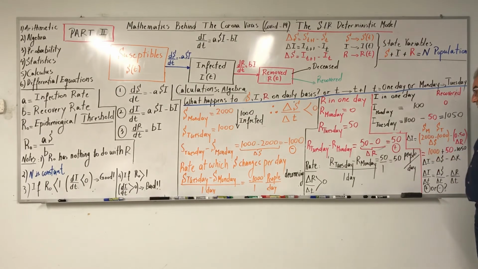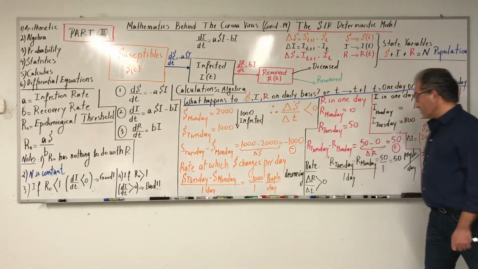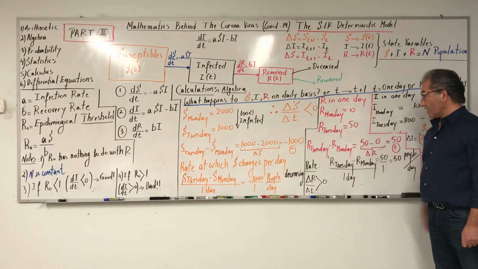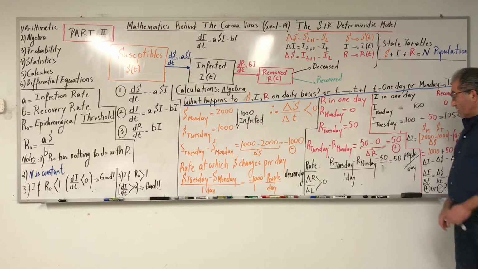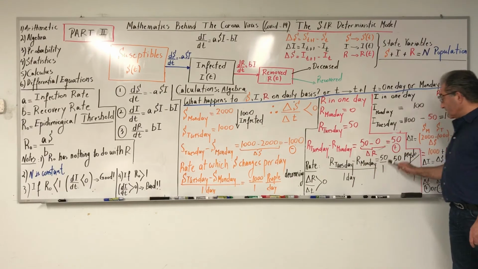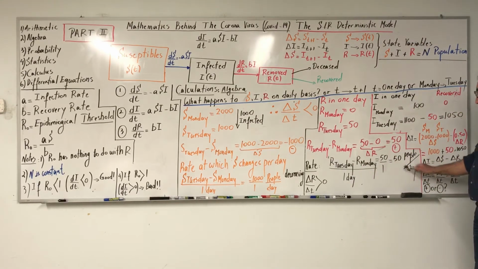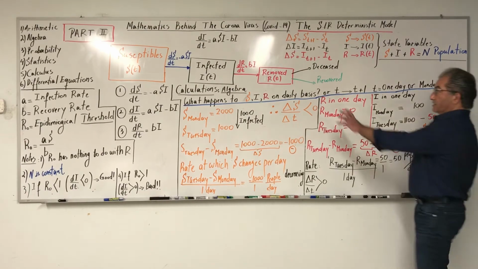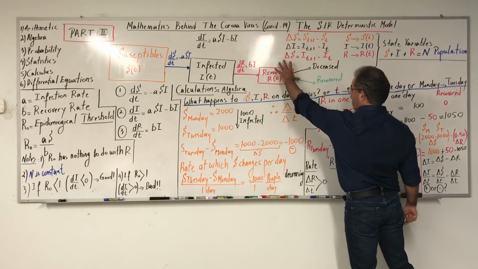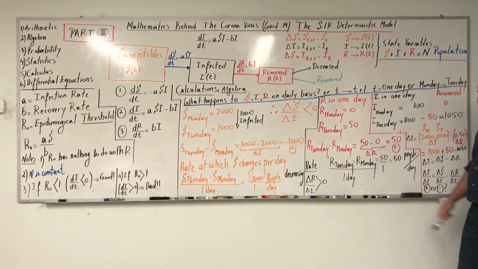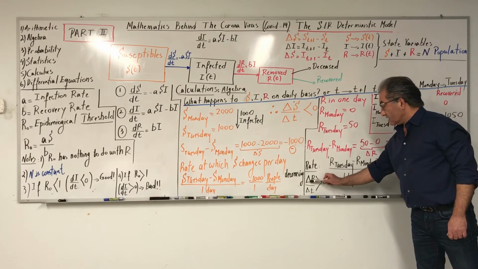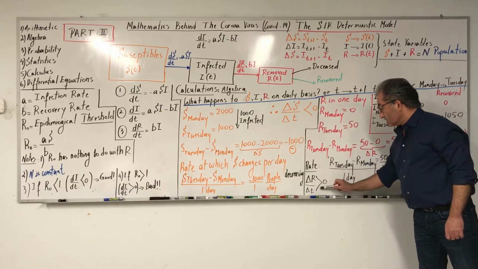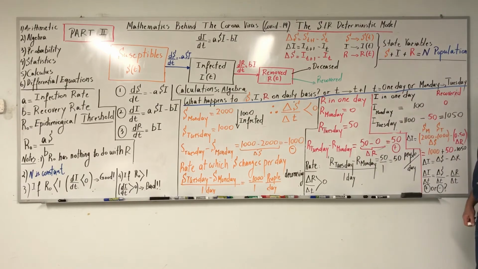If I want to calculate the rate, same way as I did there, R of Tuesday minus R of Monday divided by 1 day is 50 people per day, and that number is positive because the removed people are increasing in size. Another way you can write that mathematically is delta R over delta T is greater than 0, so it's a positive number.